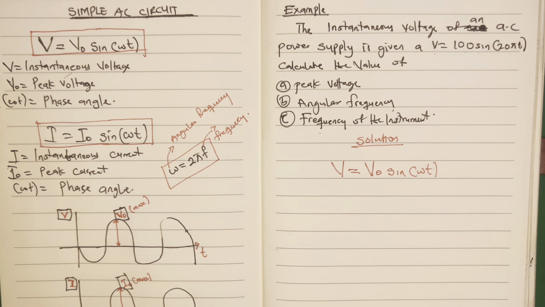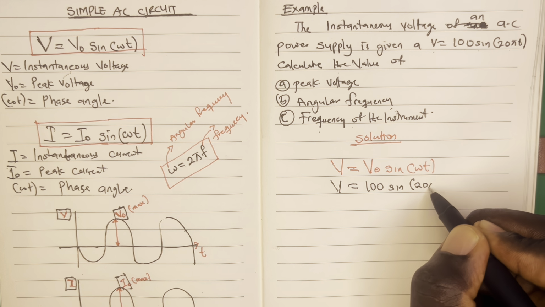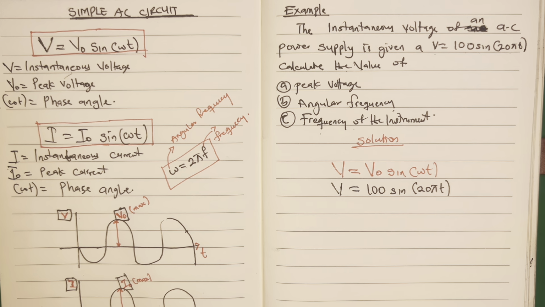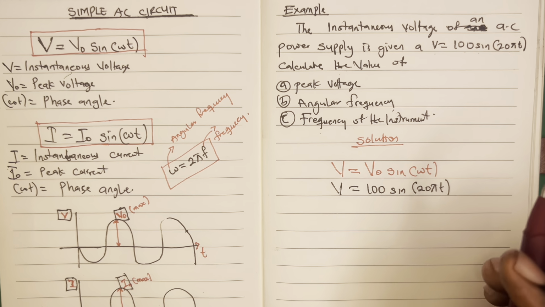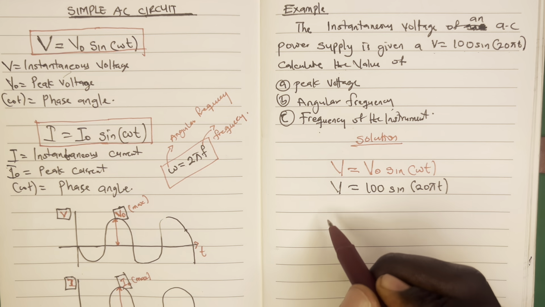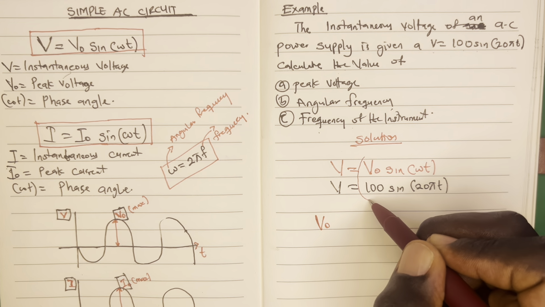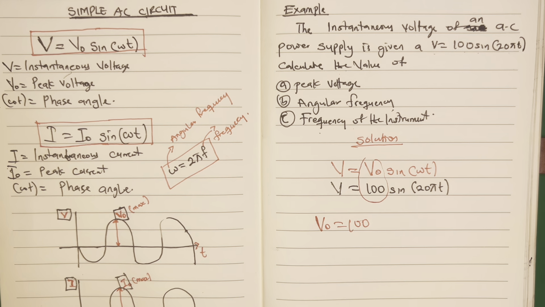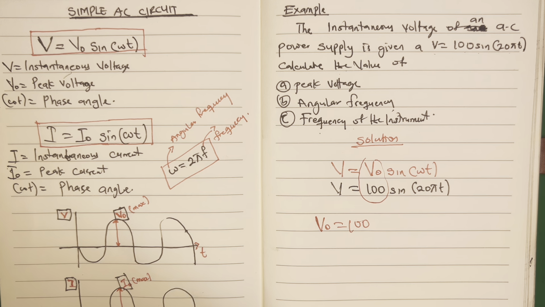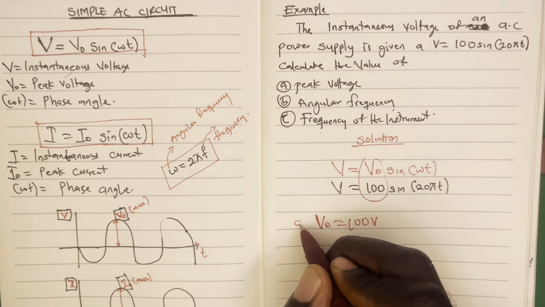Let's write the given equation down: V equals 100 sine 20 pi t. These two look very similar. The V peak is the same as 100, so the V peak is going to be 100 volts. So we have solved question A.